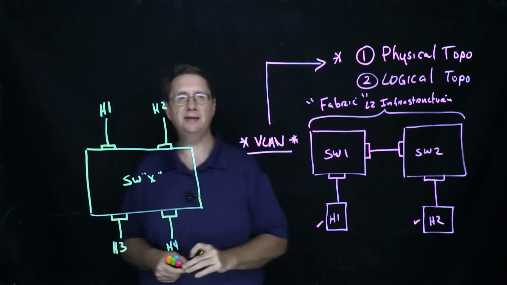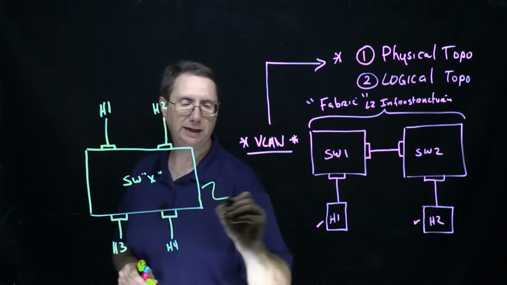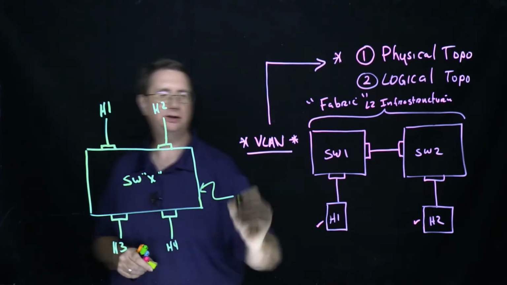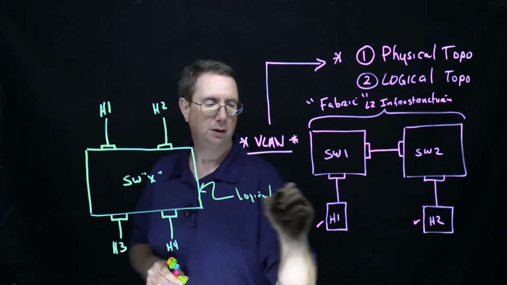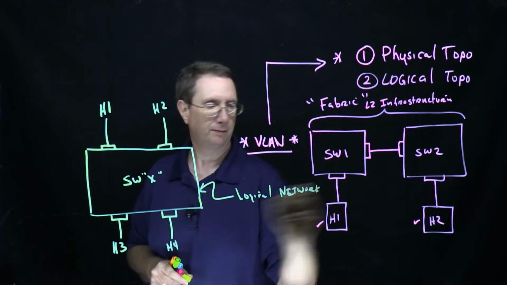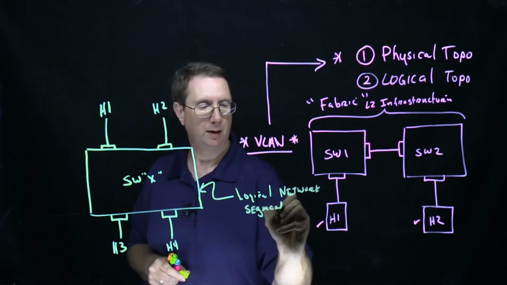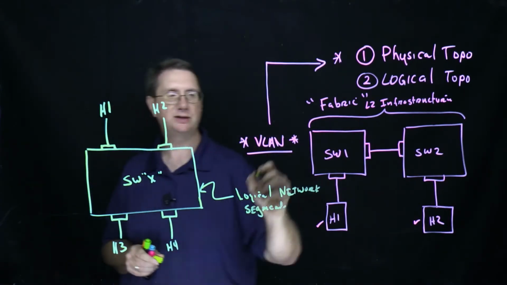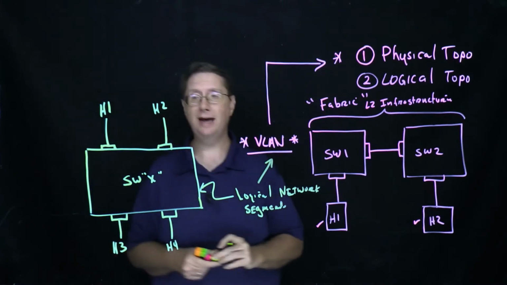Now, the element that we need to pay attention to here is that I can actually break this switch up into a series of logical network segments. These logical network segments are VLANs, virtual local area networks.